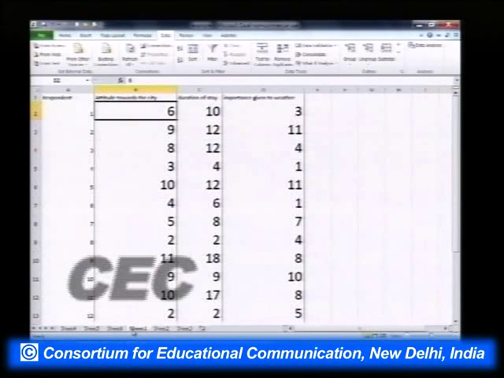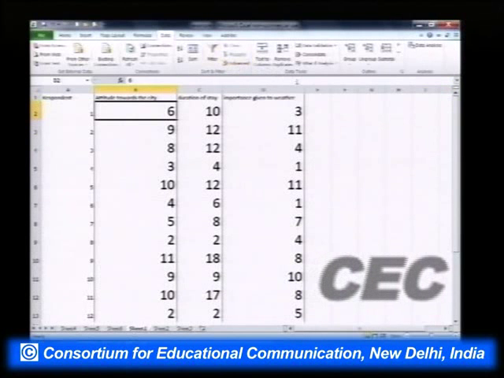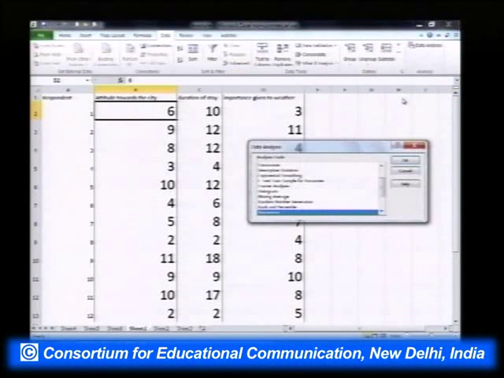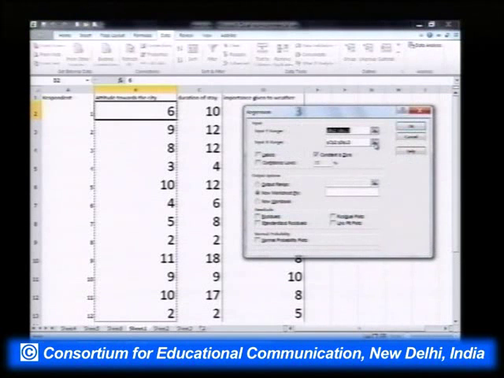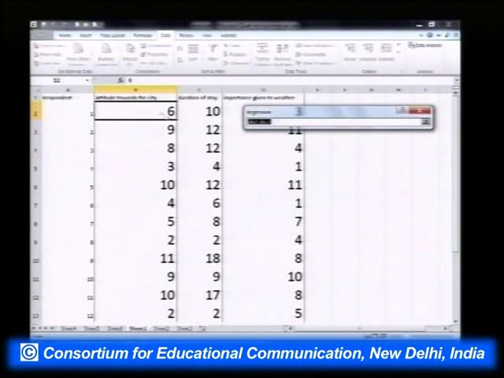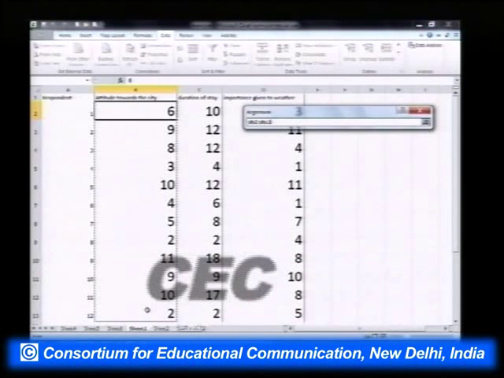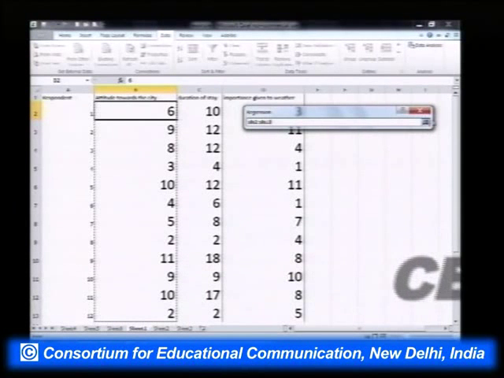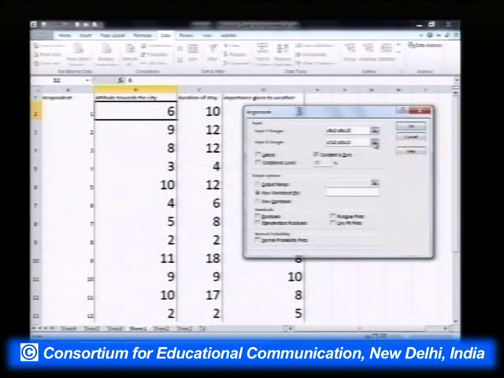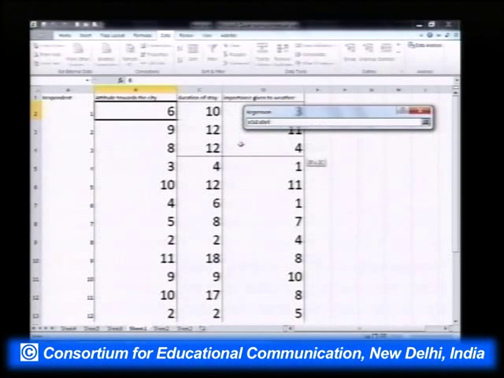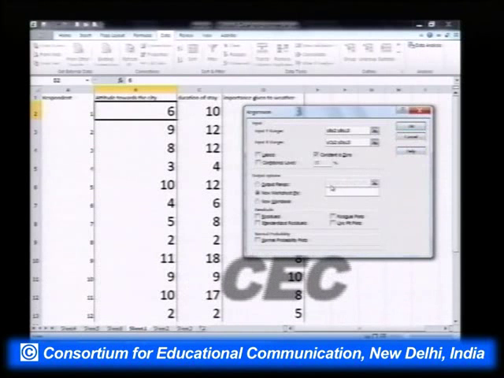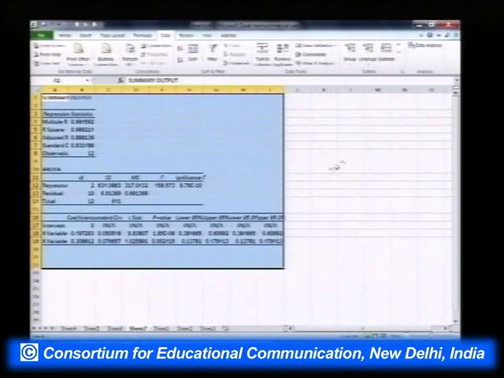We can go again to sheet 1 and go to data analysis, regression. The dependent variable remains attitude towards the city. The independent variables are the two, duration of stay and importance given to the weather. And this time we have to have constant equal to 0. And this is the equation that we get.